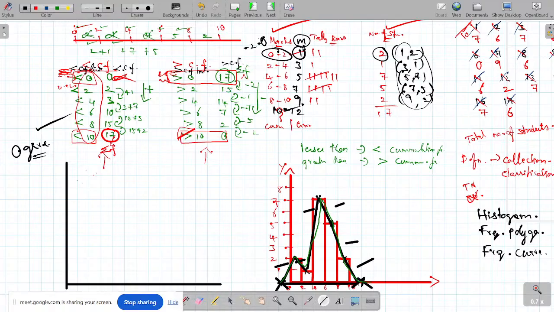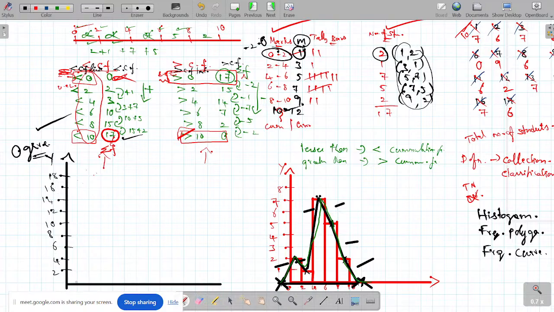Can you help me out with the values? Let me go for y-axis. What units I can take? I cannot take 1, 2, 3 because it will go lengthier because I have the value 17 and all here. So shall I go in twos? 2, 4, 6, 8, 10, 12, 14, 16, up to 17 I want. So 18.